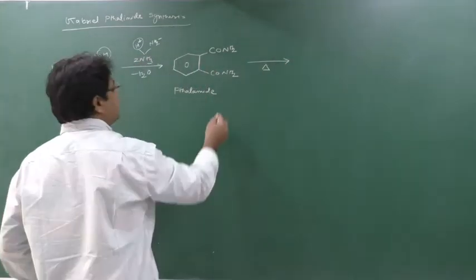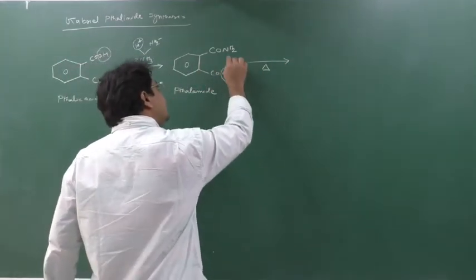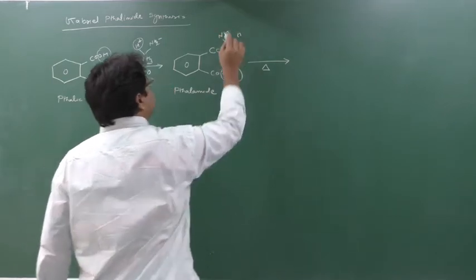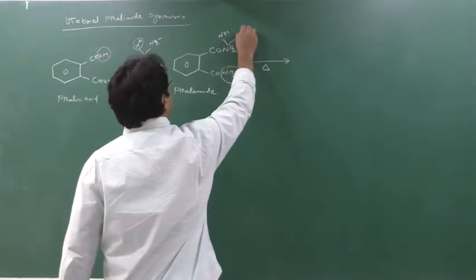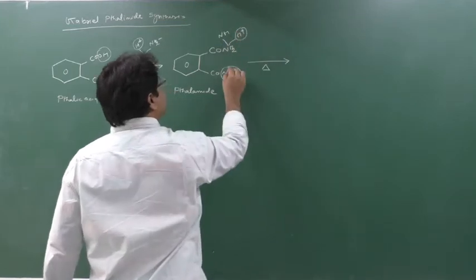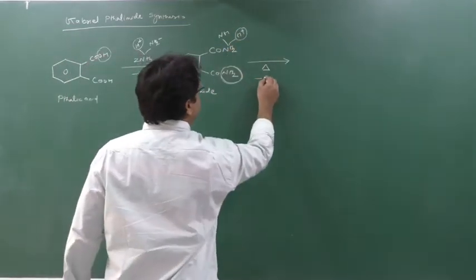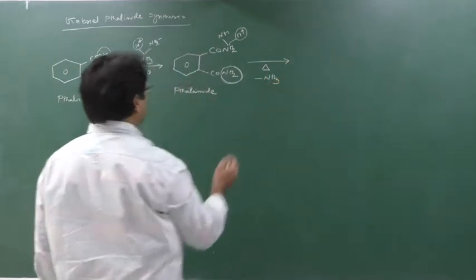So out of this NH2, one more H will come out as H plus, and this NH2 minus and this H plus will become ammonia.